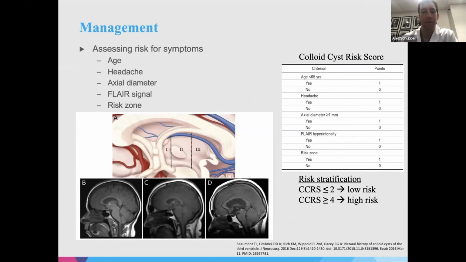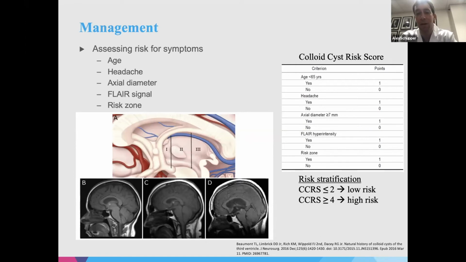And then in terms of the management, there are several risk factors that are really important in assessing colloid risk. Beaumont in 2016 did a study where they calculated a colloid cyst risk score, CCRS, where they're able to stratify patients as high risk or low risk for deterioration. They found that there are 5 factors that are very important for assessing risk.